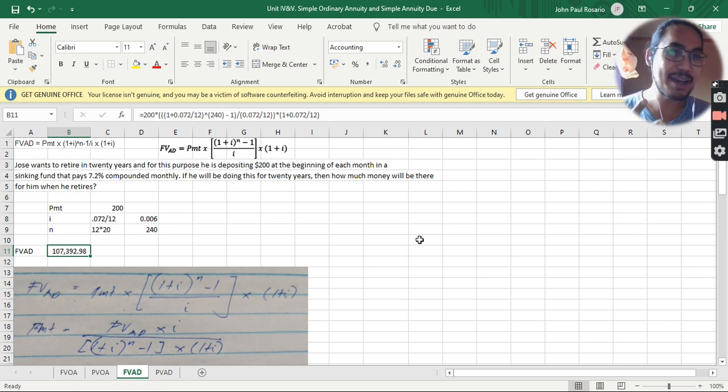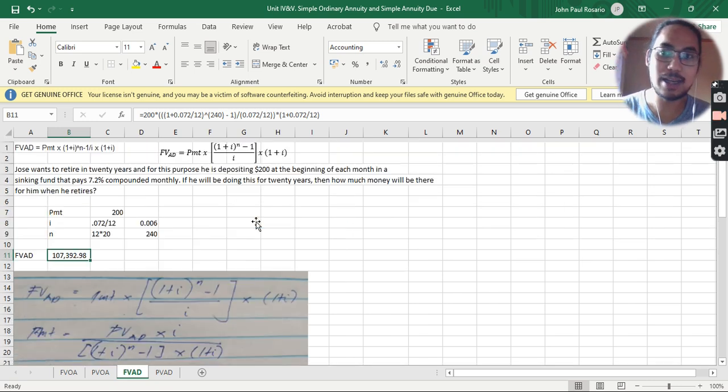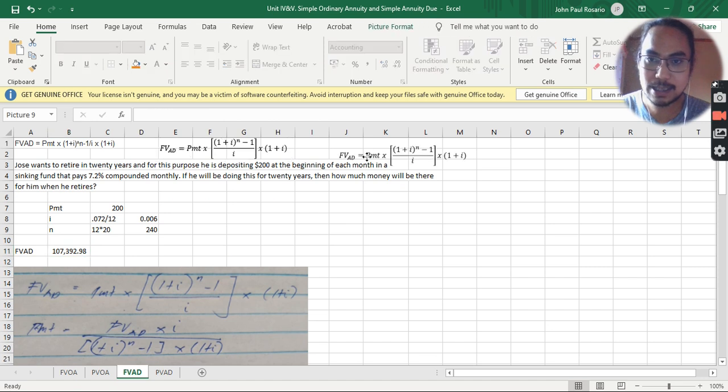Now, for problems wherein the unknowns would be the payment, the interest, or the n, these are our formula manipulations. From this, we simply have to solve for payment. With that, we can simply divide the future value of annuity due by this entire formula. We can also express it like this.